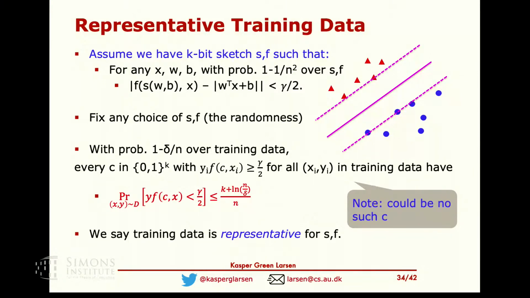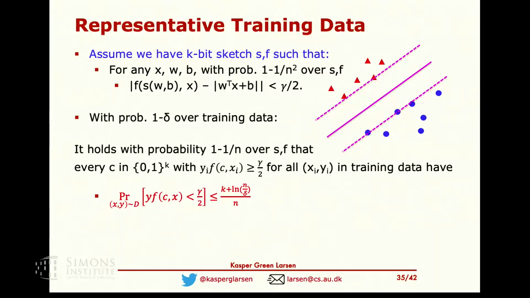This is a typical data set. And for this data set, I know all large margin hyperplanes generalize well to new data. So I want to get rid of this fixing of S and F. That's the last step of the technical part here. And for that, I'm just going to use Markov. I guess if the failure probability is only delta over n, I can say something like this.